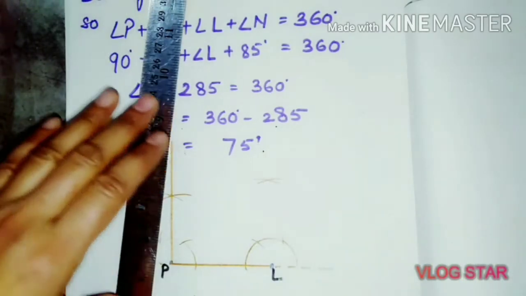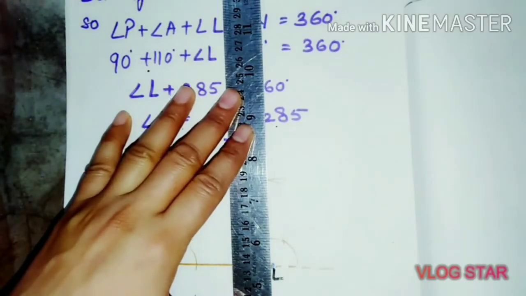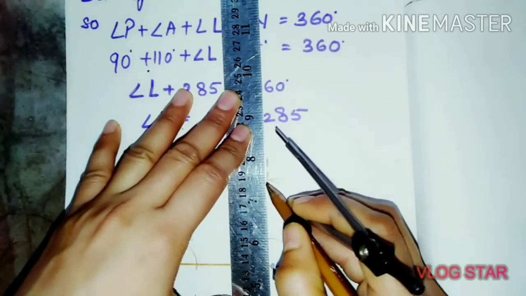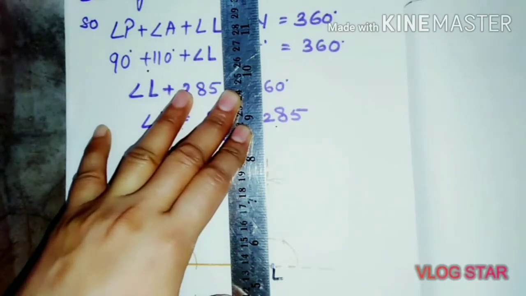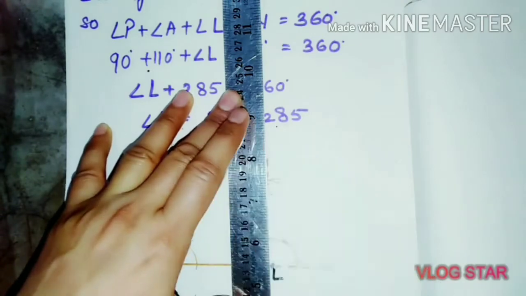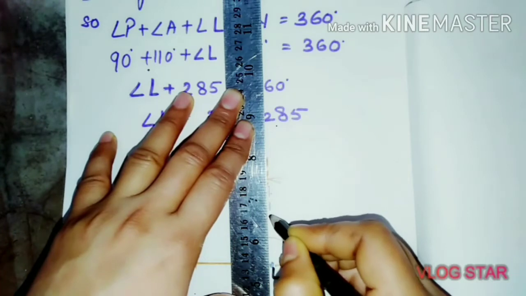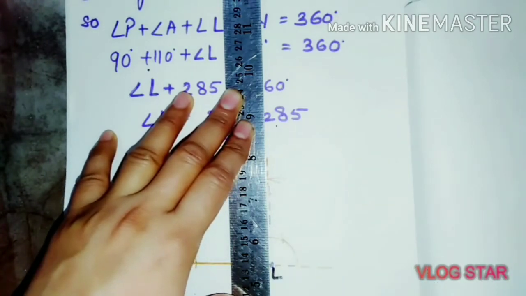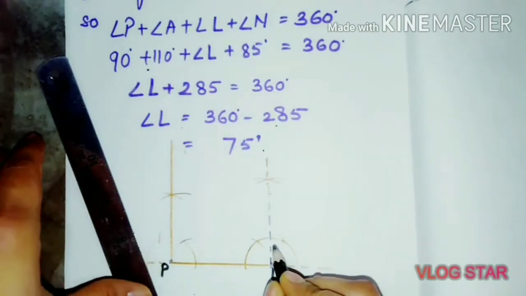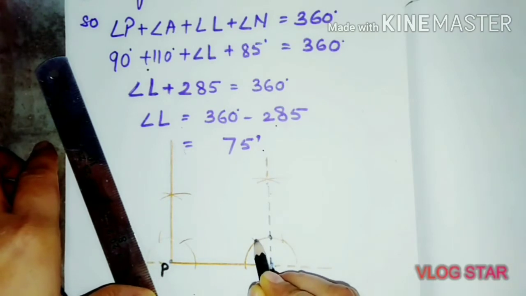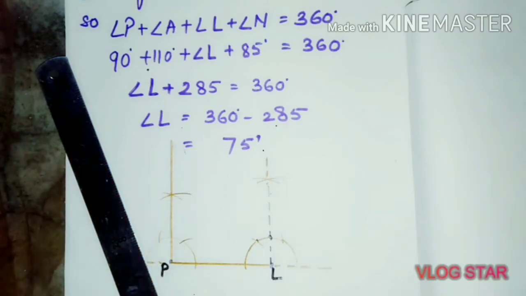Now here 90 degree is the supplementary angle, that is the helping angle. You have to draw it with the help of a dotted line. Like this. Then this is the point of 90 degree and this one is the point of 60 degree.